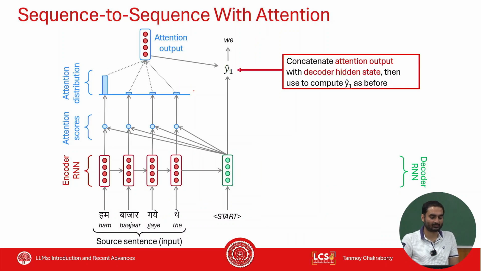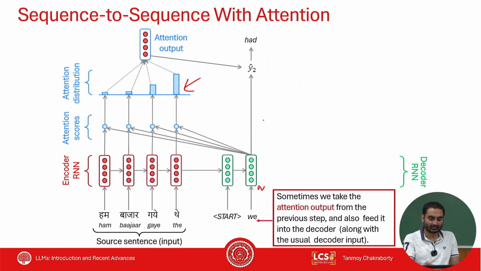Now look at this distribution and the previous distribution. They are different, right? If you look at the distribution carefully, to generate the first output token of the decoder, look at the probability. Which encoder state was useful? The first one was useful, therefore the corresponding probability was high.